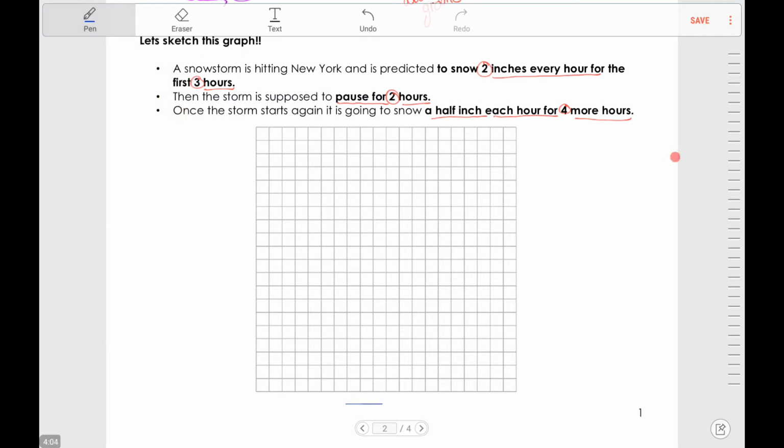So this will be our time. And our time specifically here is in hours. And then over here is our inches of snow. So let's make this 0. And then we'll make 1 hour, 2, 3, 4.